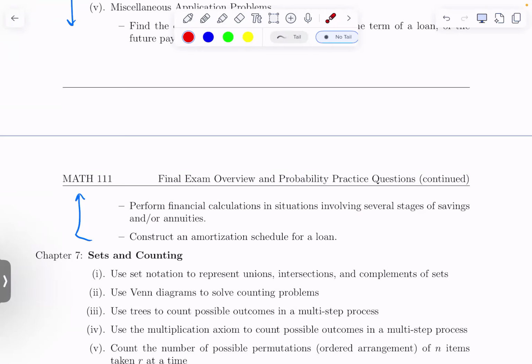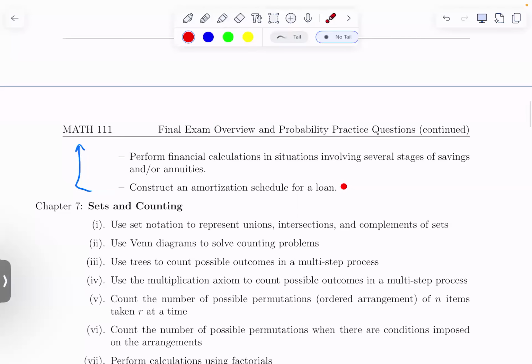Right? And then the amortization schedule for a loan, right, where you have to articulate what each payment is, how much is paying off your interest, and how much is paying off your debt, and then what's your balance, and fill in a bit of a table, just like you did on test 2.